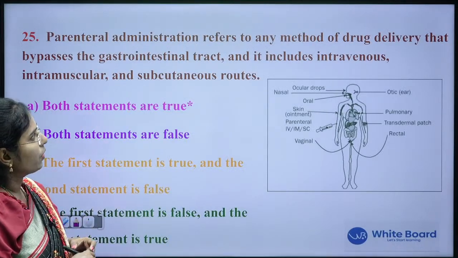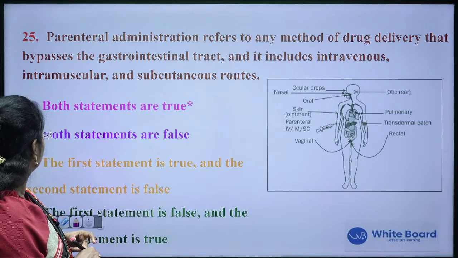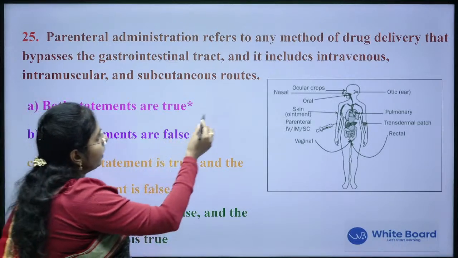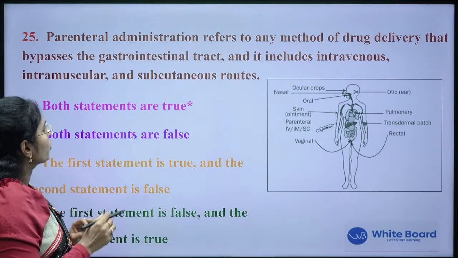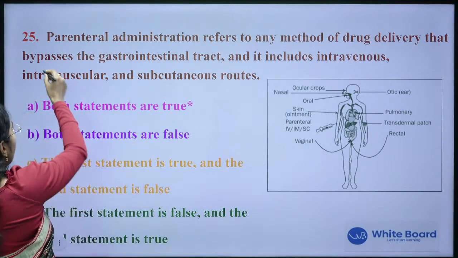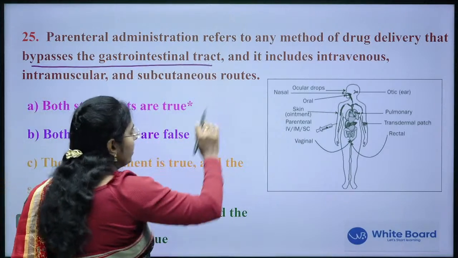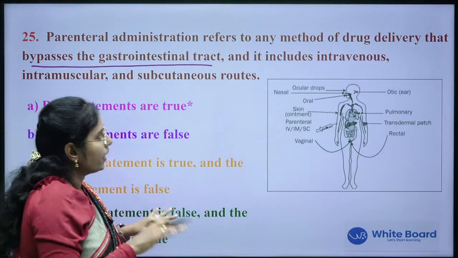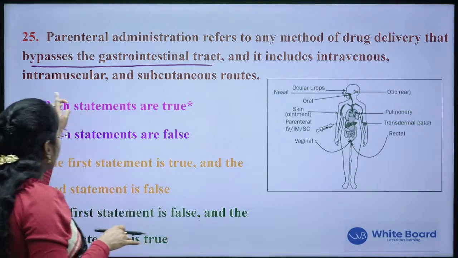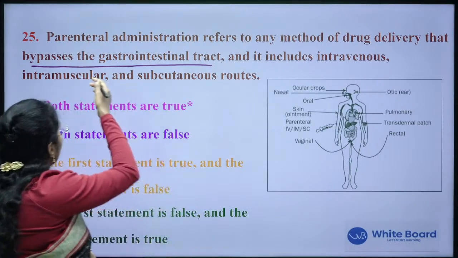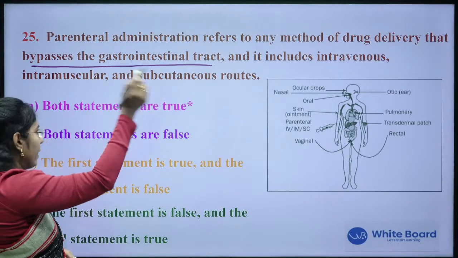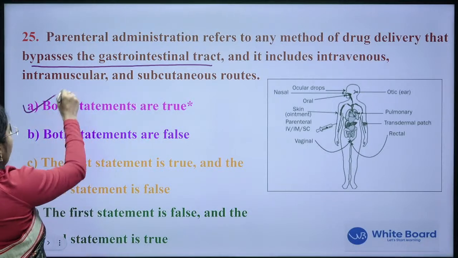Parenteral administration refers to any method of drug delivery that bypasses the gastrointestinal tract. Just now we have discussed, it bypasses the gastrointestinal tract, right, and it includes intravenous, intramuscular and subcutaneous routes. Yes, both statement 1 and statement 2 are correct. So, both the statements are true.